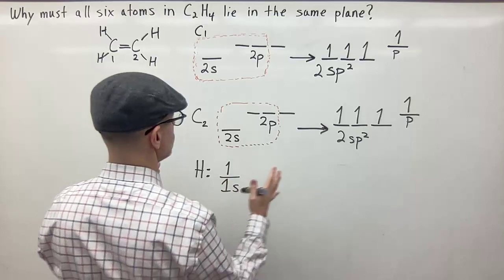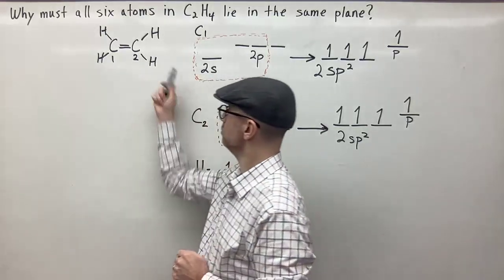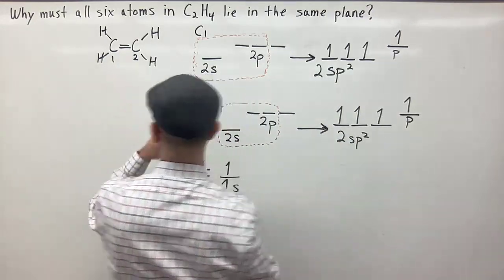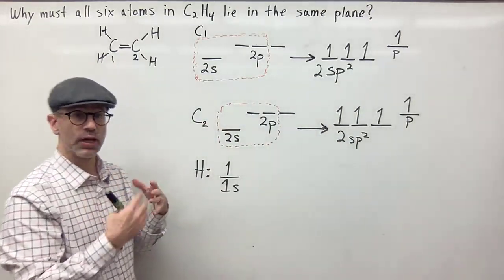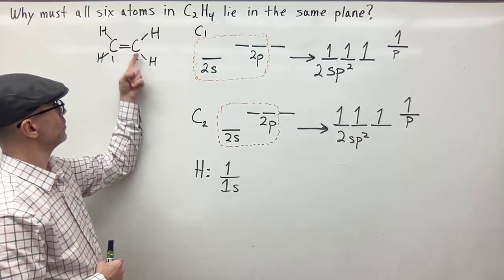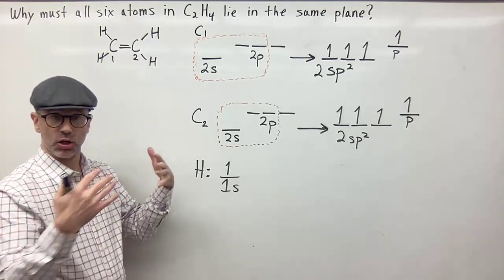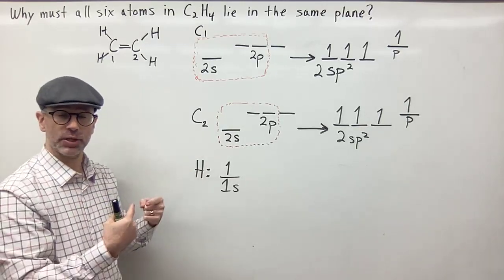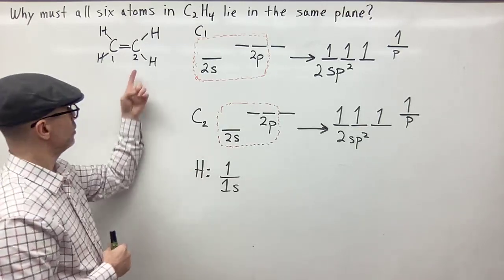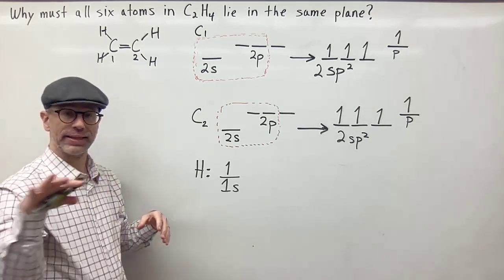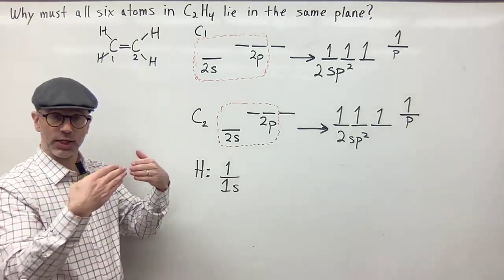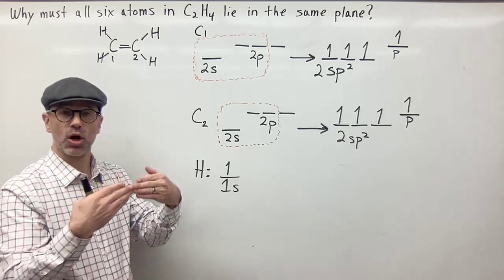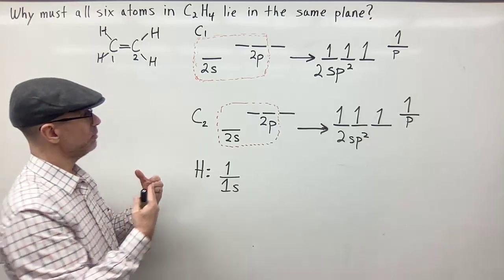So these are going to be overlapping orbitals between the hydrogen and the carbon, and between the two carbons. The orbital overlap is going to be along the axis, directly between the two atoms, and that's what we call a sigma bond.